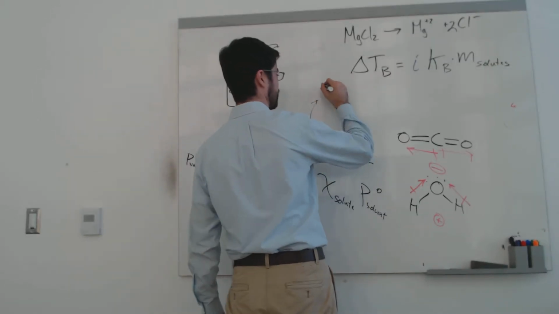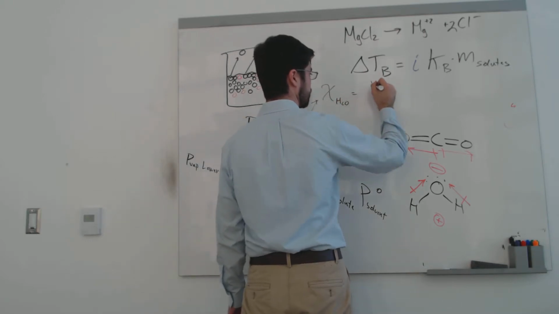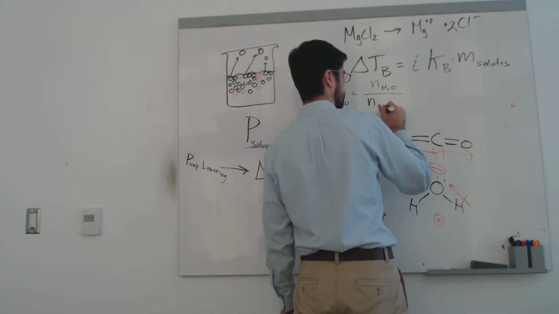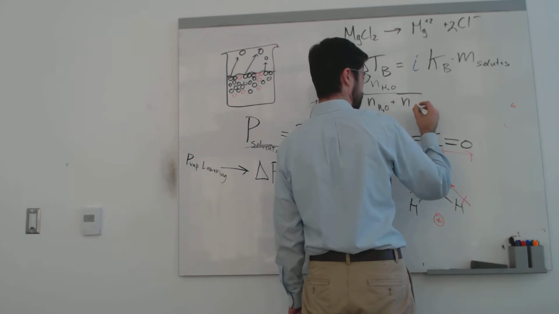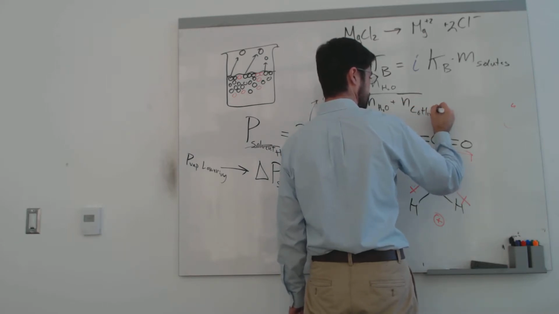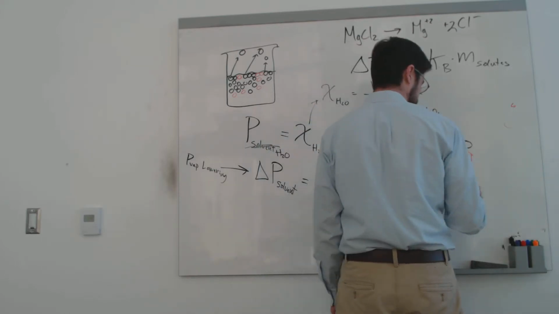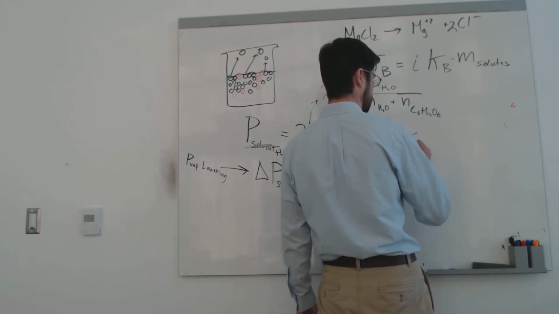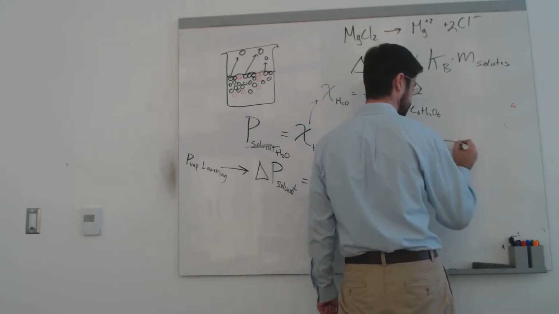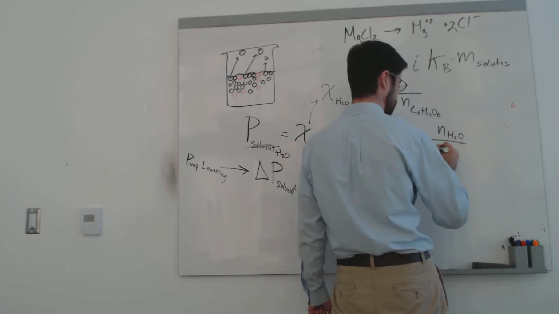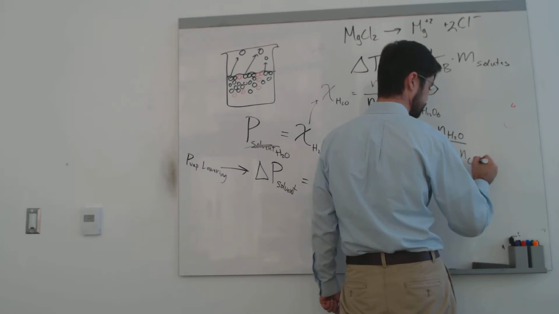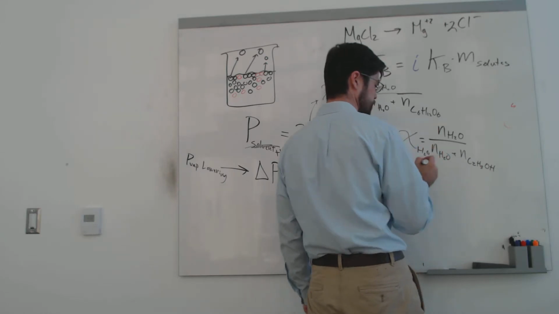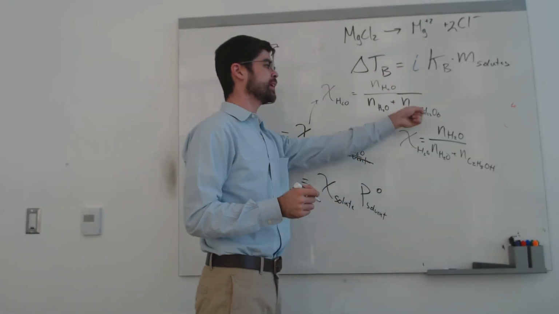I could have a mole fraction of water in a sugar-based solution, so moles of water plus moles of sugar, I'll say glucose. Or the solution could be an ethanol solution. Both of these represent the mole fraction of water in this solution.